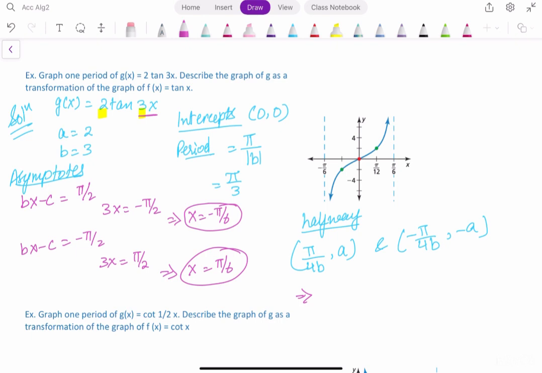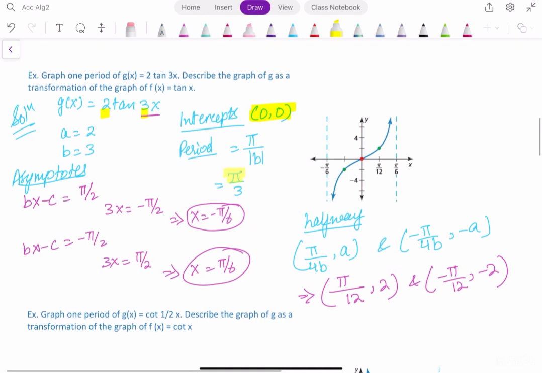So we have pi over b as pi thirds, divided by 4, so pi twelfths, and a is 2, so (pi twelfths, 2), and the other value will be (negative pi twelfths, negative 2). And you can see from the graph, at pi twelfths the maximum height the graph is reaching is 2, and at negative pi twelfths the dip in the graph is negative 2.